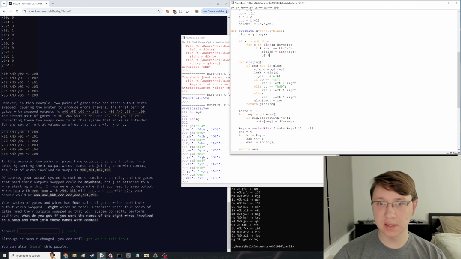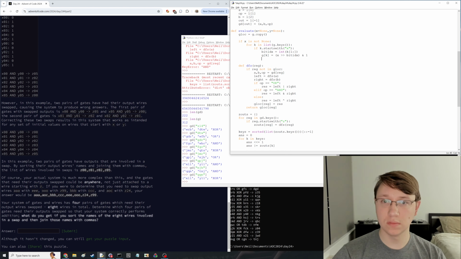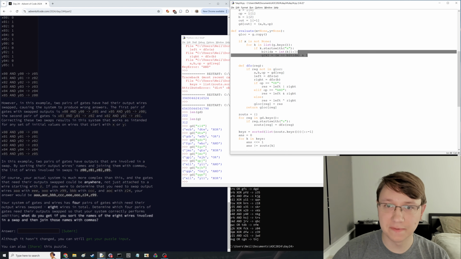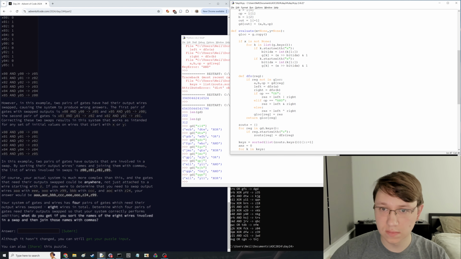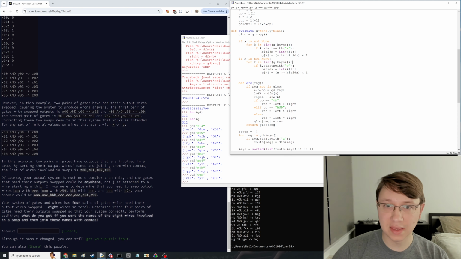We need to extract it. Yep, that seems fine. And then same thing for y. I guess technically it'll give us this ability. Y is not none.